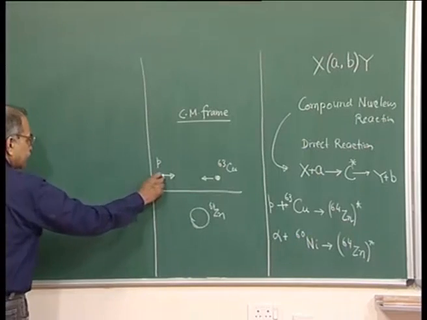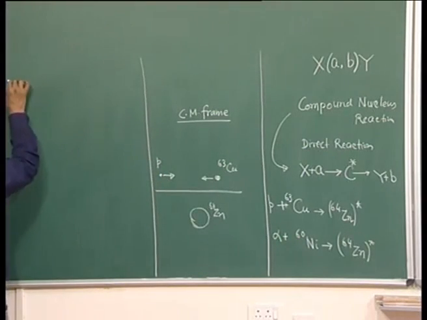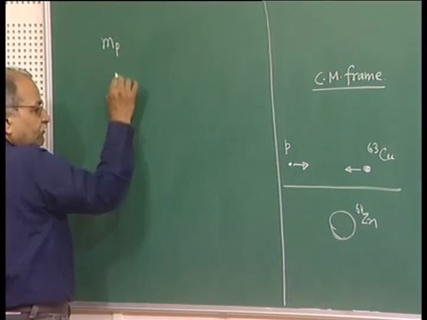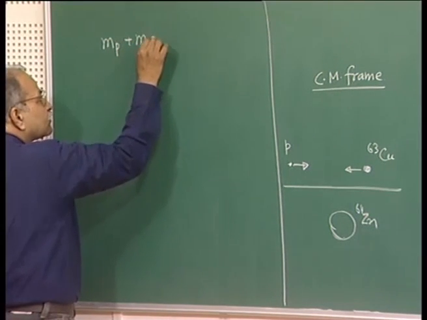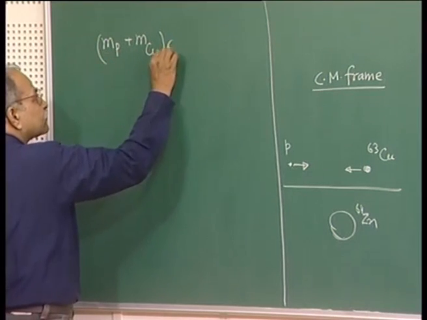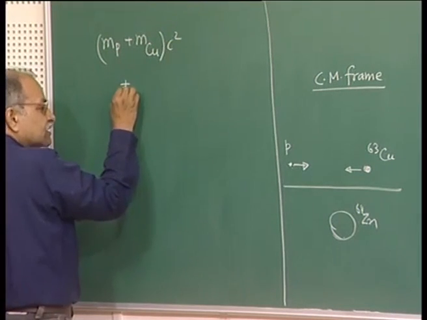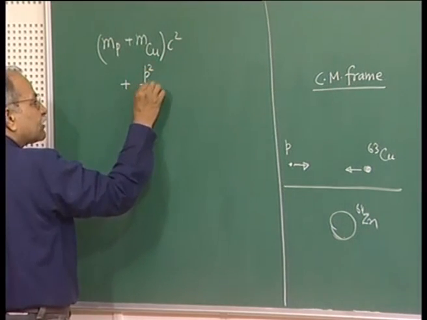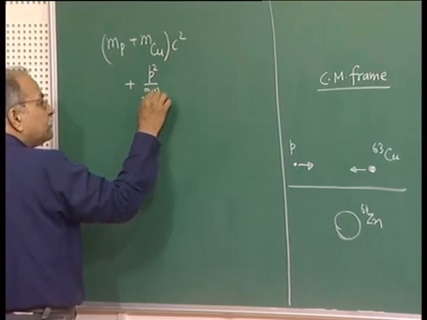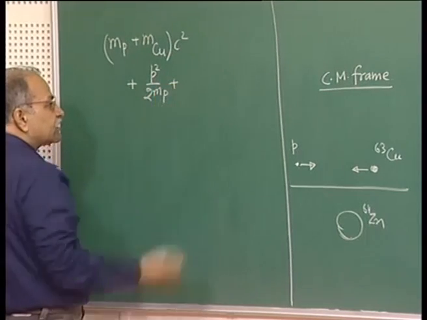So, if I look at the energy considerations, what I have before the event is the mass of proton plus mass of this 63 copper, times c square, plus the kinetic energy of the proton, which will be p square by 2 m_p.